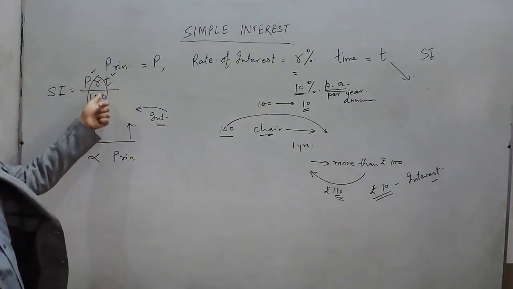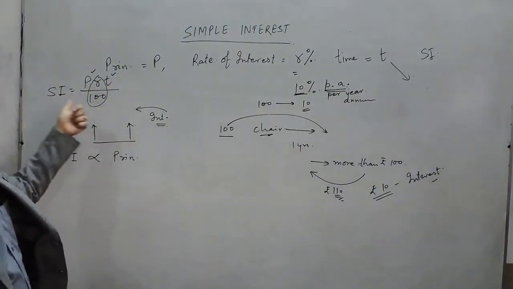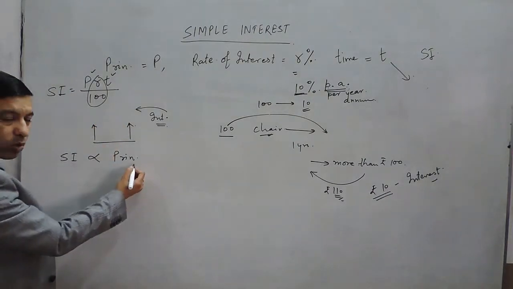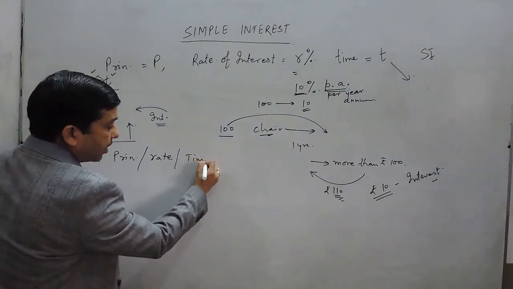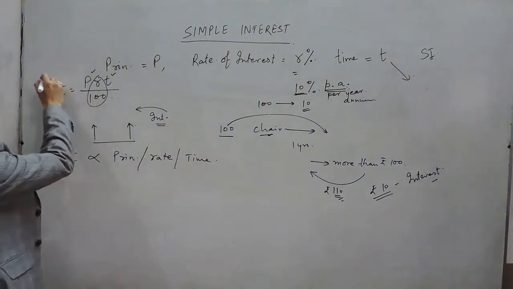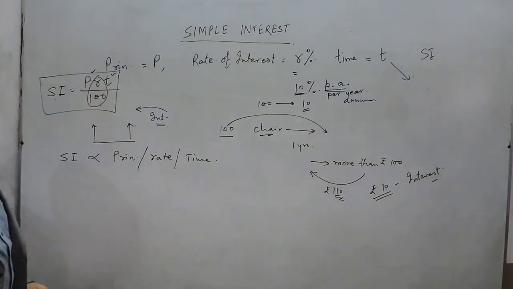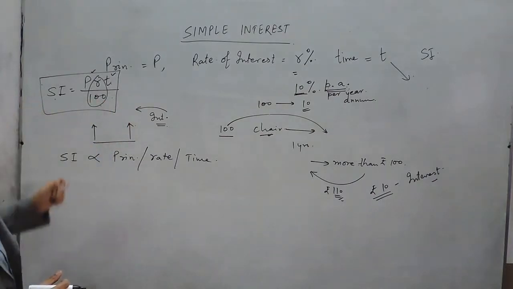In the same way, if the rate of interest is more, the simple interest will increase, and if the time is more, the interest will be more. So simple interest is directly proportional to the principal, the rate, and the time. That is why we come to the formula: simple interest is equal to principal into rate into time upon 100. This is the only formula which we have to understand.